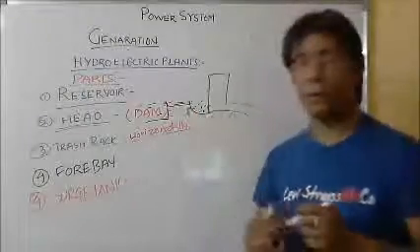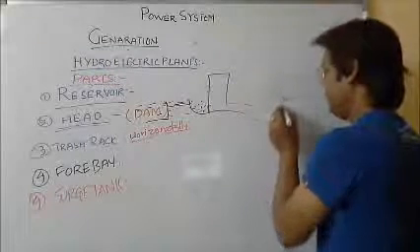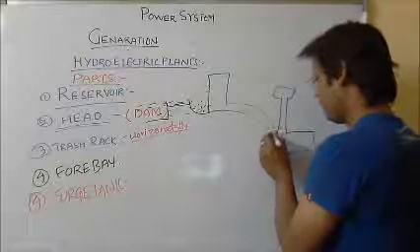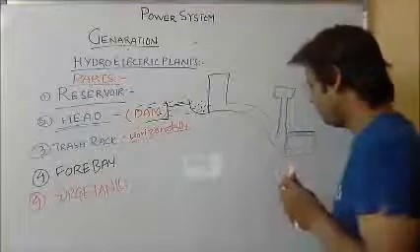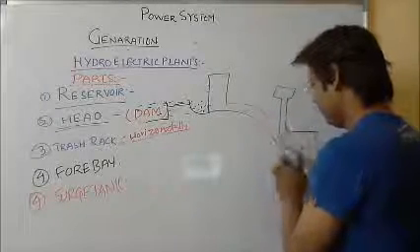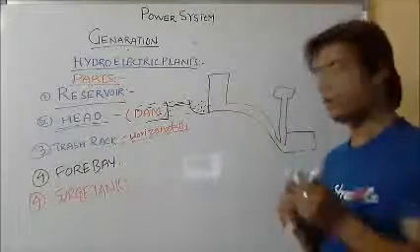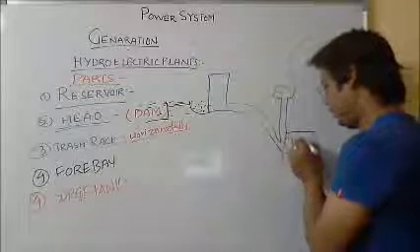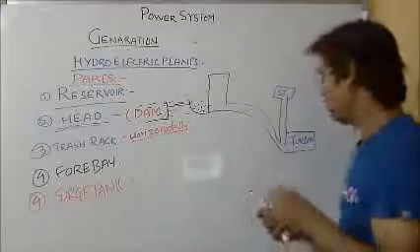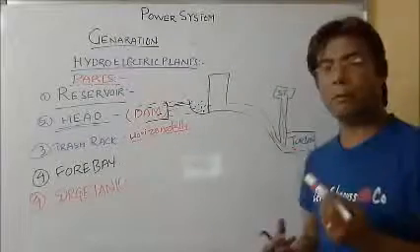The forebay is used just before the dam, and my surge tank will be somewhat near the station, just before the station or my turbine. This is my turbine. This is my surge tank. So water is coming from here also, and here also, and here also. Water may be the requirement.